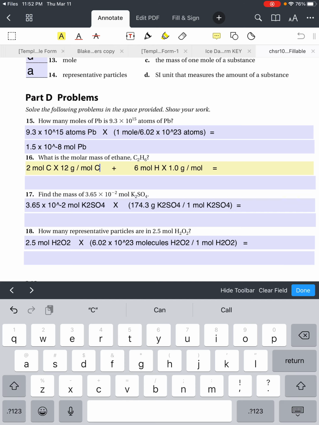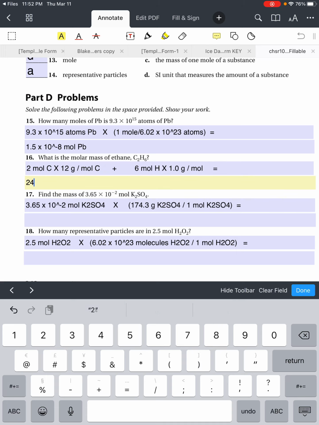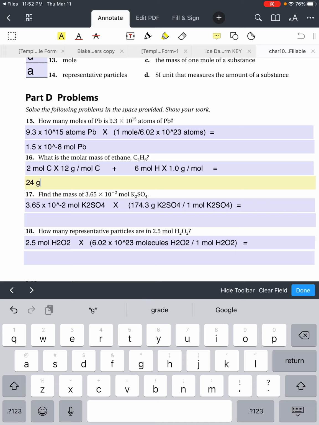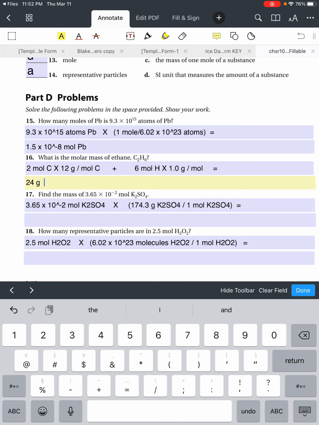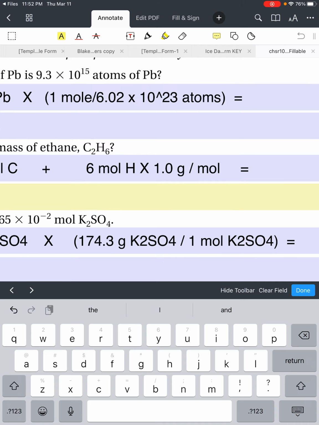But that would give me 24 grams. And I would add that, 24 grams of carbon, to my value over here, where I have 6 moles of hydrogen times 1 gram per mole.